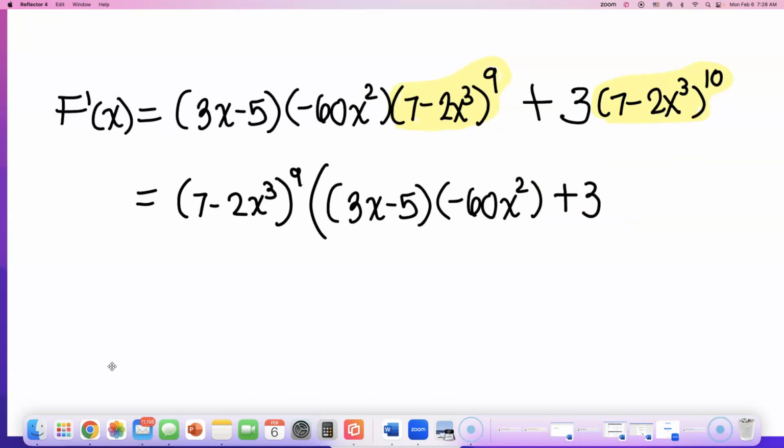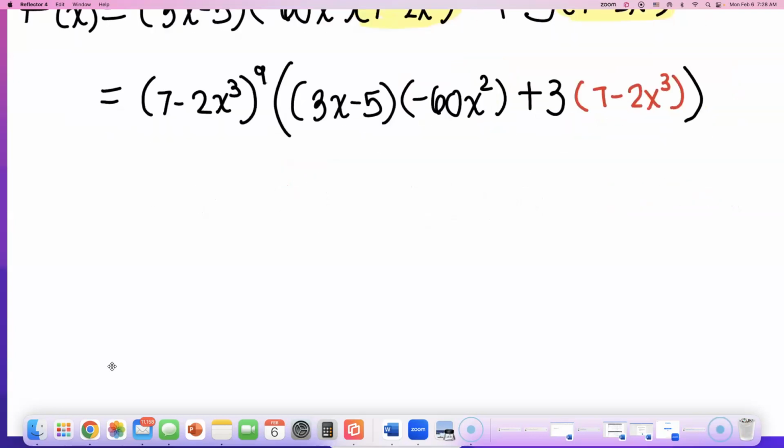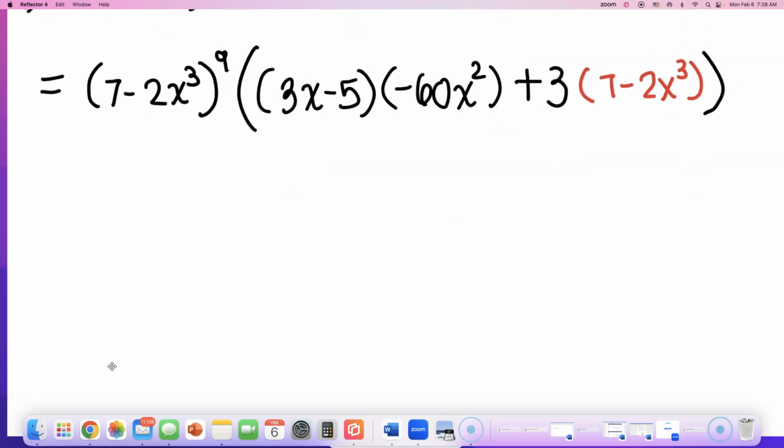And remember, if we factor out 9 of these, and I used to have 10 of them, I will still have 1 left inside. Okay? So now let's see if I can simplify this a little more. I mean, we're done with calculus a while ago, but now we're just trying to simplify using our algebra skills.